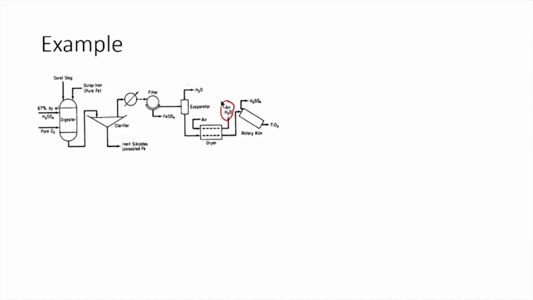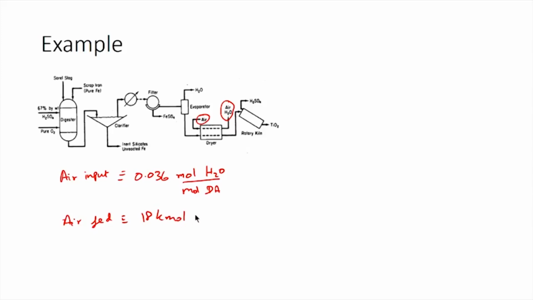So, based on the information we have, we know that the air input has 0.036 moles of H2O per mole of dry air, and air is fed at a rate of 18 kilomoles of dry air per 100 kilograms of swirl slag.